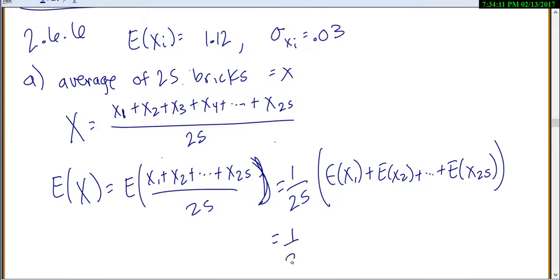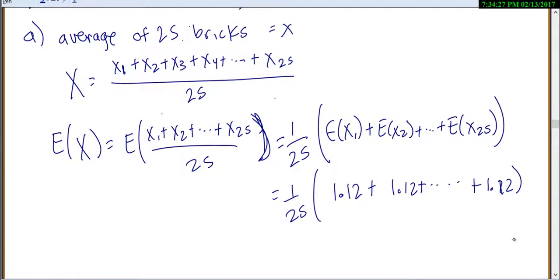This is going to be 1 over 25 times, now each of these expected values, what were they supposed to be? 1.12, they're each going to be 1.12, and how many of them am I going to have? I'm going to have 25 of them. And so I just get back to 1.12.